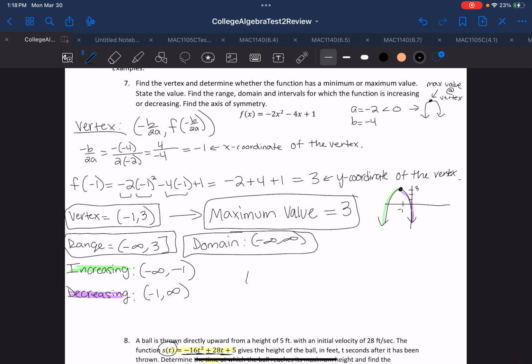And then the axis of symmetry is the vertical line that goes through the vertex, which is x equals the x-coordinate of my vertex, which is negative 1.